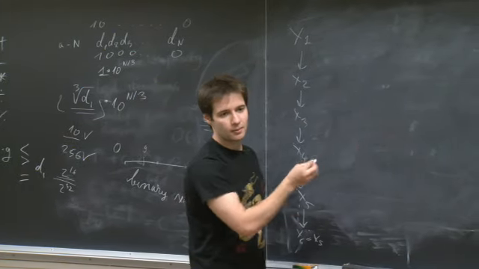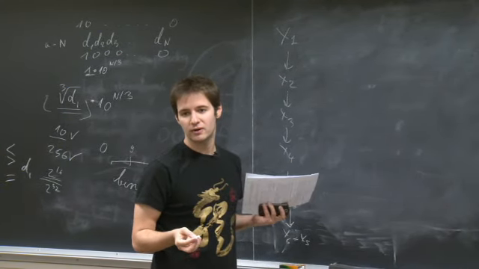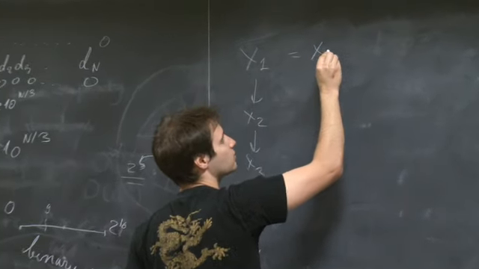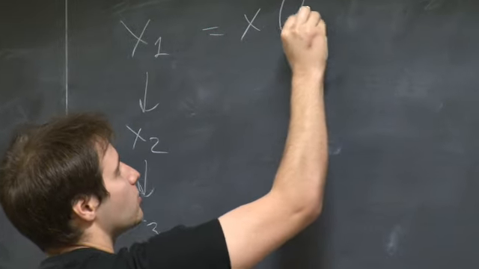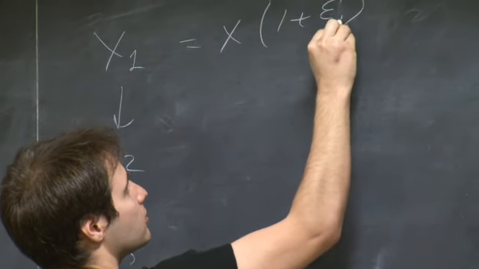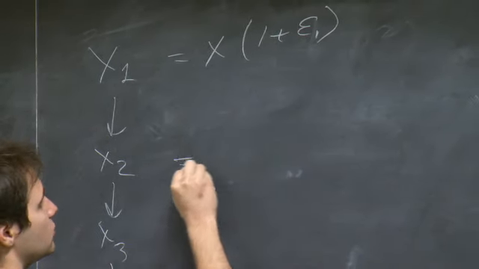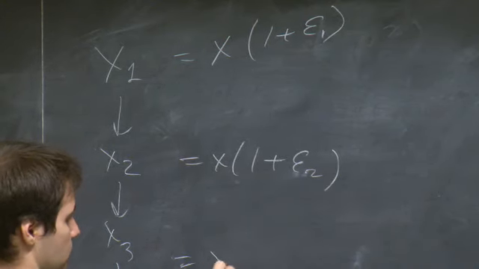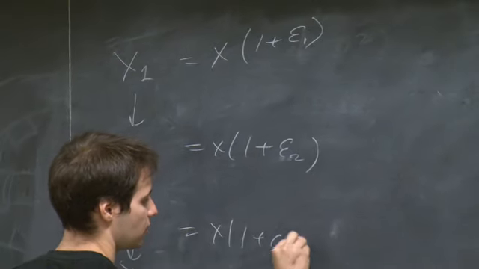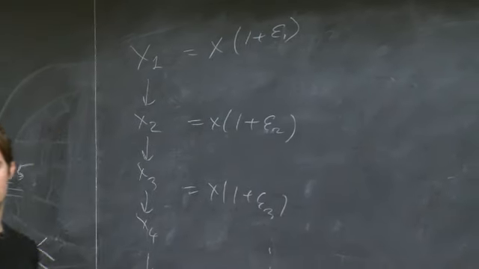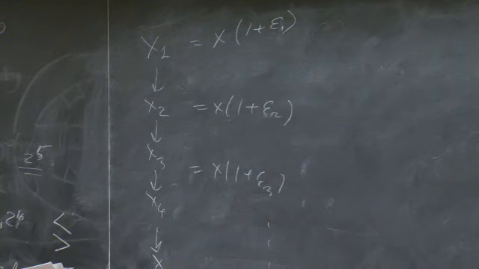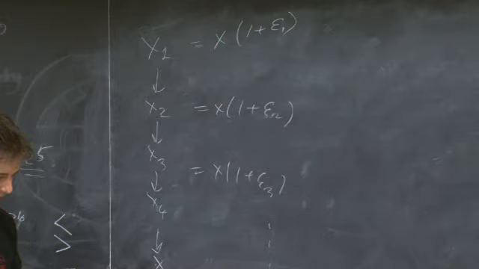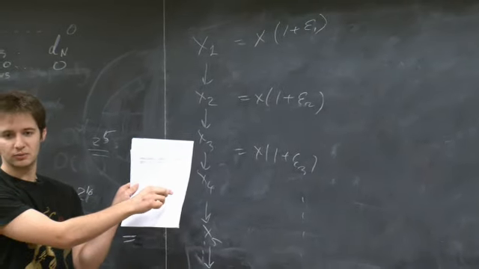Now, my precision is how far I am from the right answer. We write that by saying that x1 is x, the true answer, times 1 plus epsilon 1. And then x2 is x times 1 plus epsilon 2, x3 is x times 1 plus epsilon 3, and so on and so forth. If we had a lot of time, I could copy the 8 lines of math that we have in the notes.